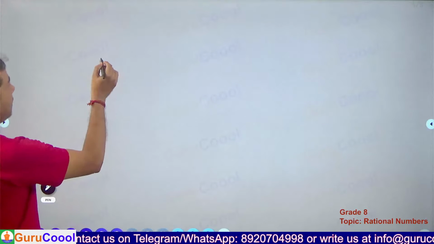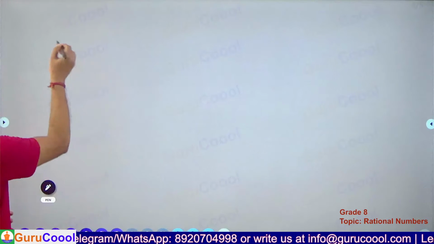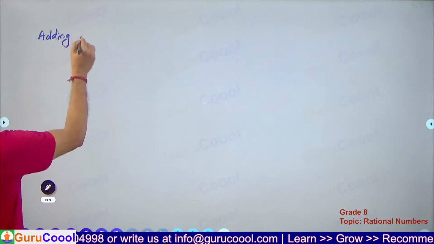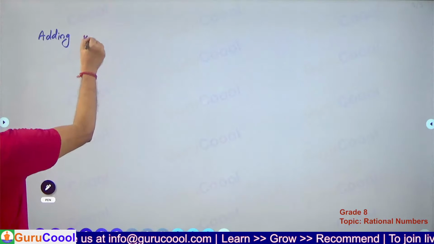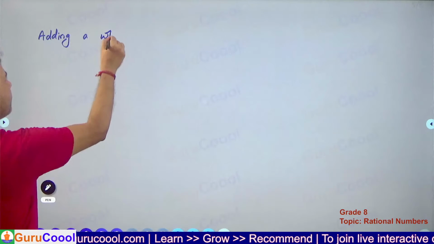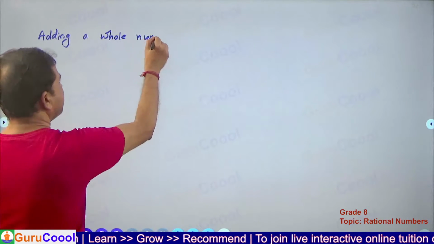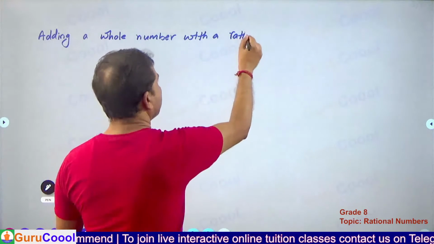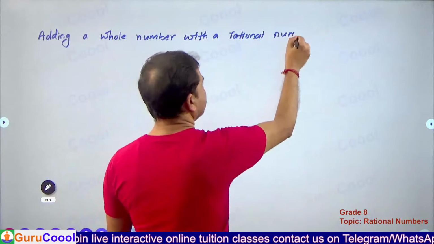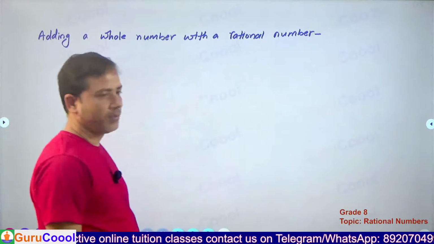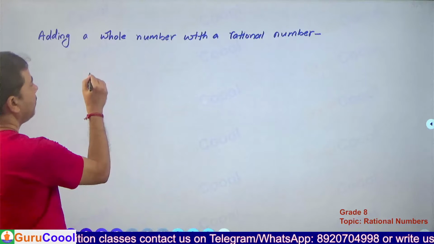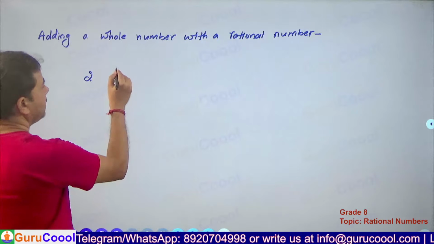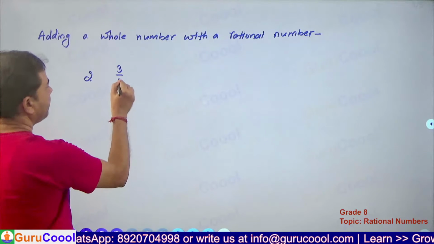Now, let us see adding a whole number with a rational number. For example, we have to add, suppose, a whole number 2 with a rational number like 3 by 5.